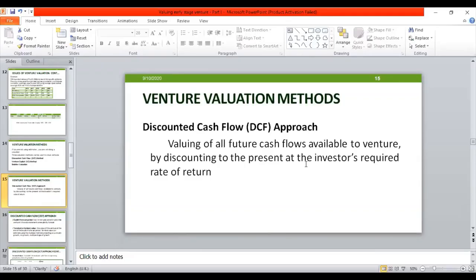So over time, the required rate of return or the discounting factor that we use to discount the cash flows will change in venture valuation. So we have to use different discounting factors for different life cycle stages to reflect the investor's view about the risk. Right? At the initial stages, we have to discount the cash flows at a higher rate. At the later stages, we have to use a lower discounting factor.